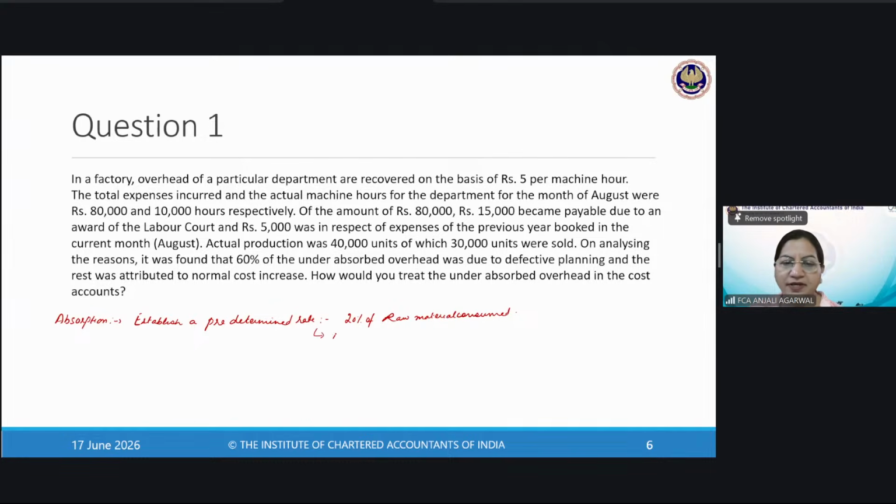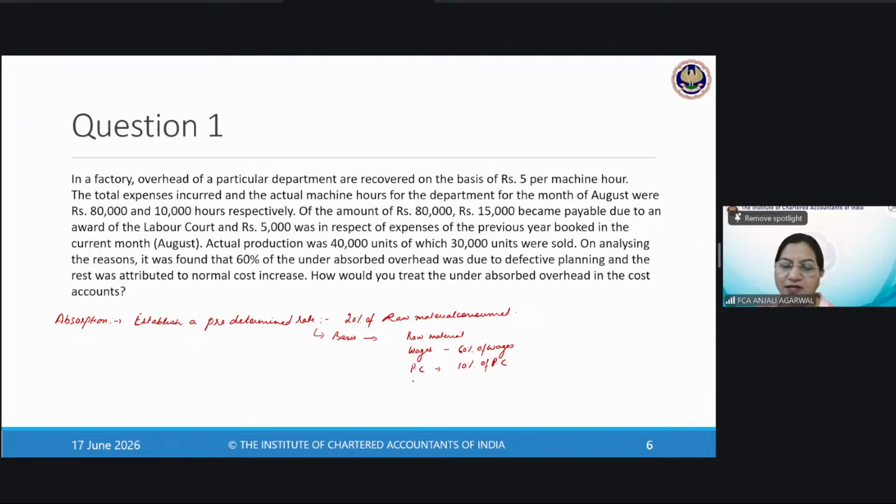A predetermined rate can be established on the basis of anything, like it can be on the basis of raw material, as we have just taken 20% of raw material. It can be based on wages, let's say 60% of wages. It can be based on prime cost, let's say 10% of prime cost, where raw material and wages both are important.